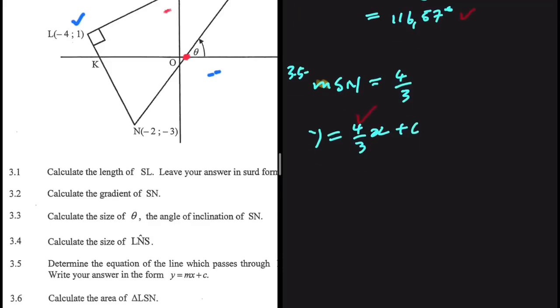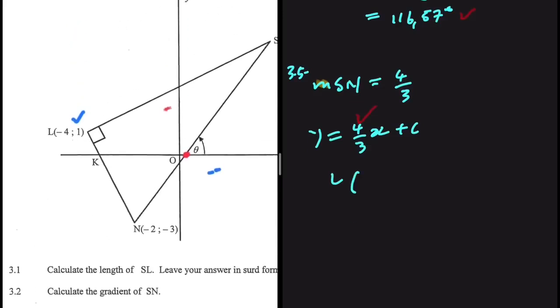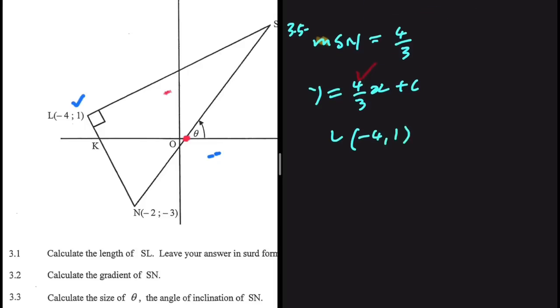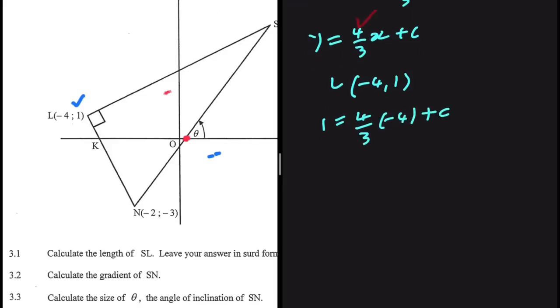Now I just have to find the value of c. I'm given the point L; the line goes through the point L. So I have coordinates -4 and 1, which I can substitute into this equation to find c. The y value is 1, the x value is -4, so 1 equals 4/3 times -4 plus c.